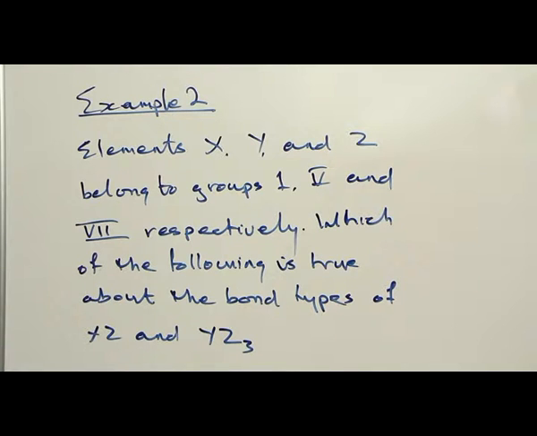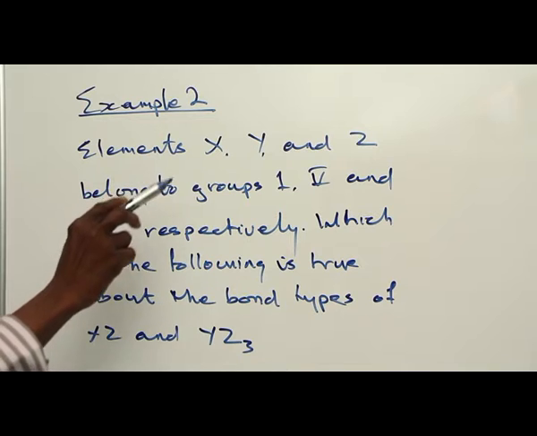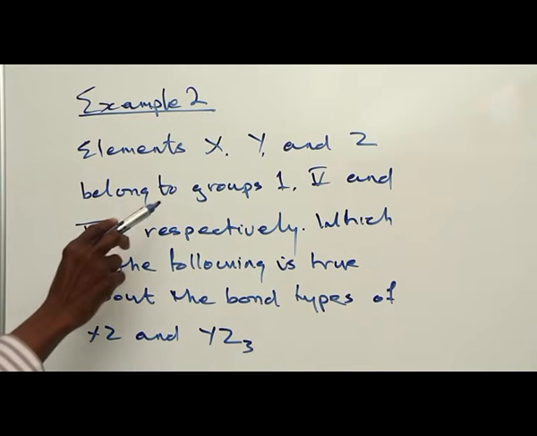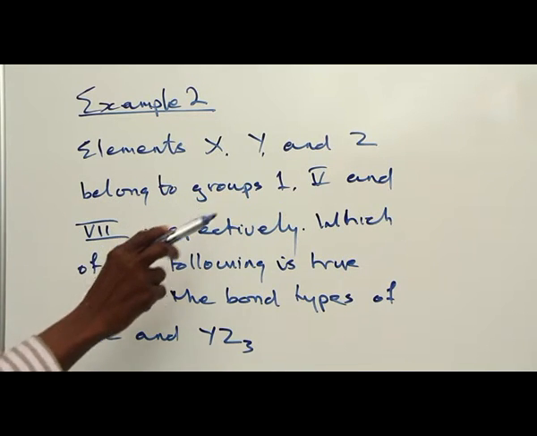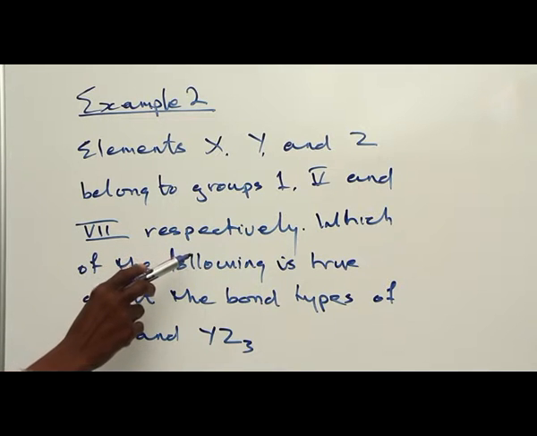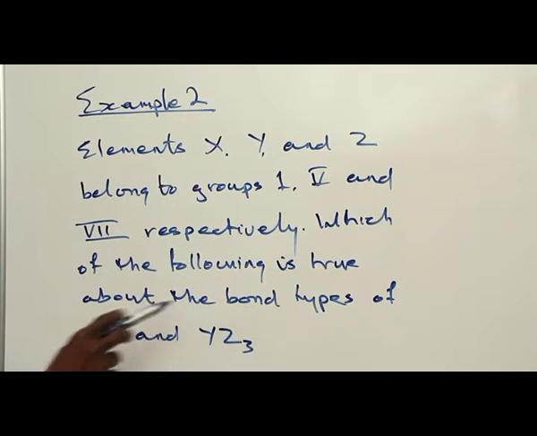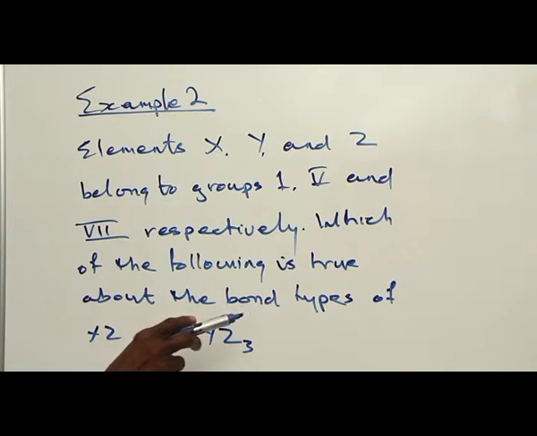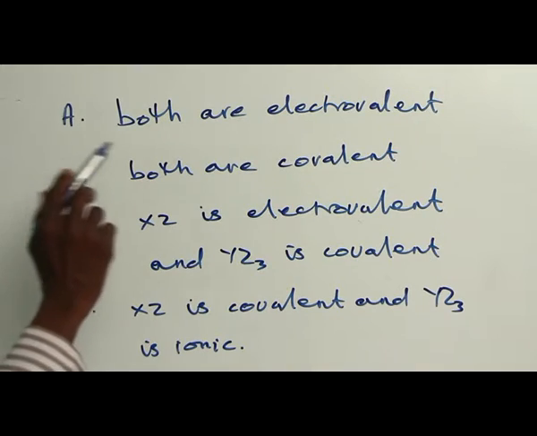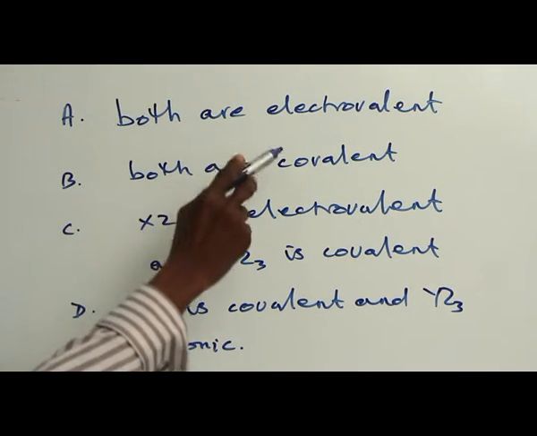Let's consider example 2. Elements X, Y, and Z belong to groups 1, 5, and 7 respectively. Which of the following is true about the bond types of XZ and YZ3? A, both are electrovalent.